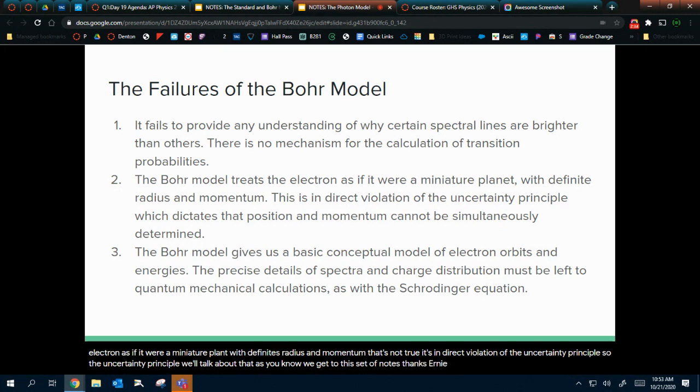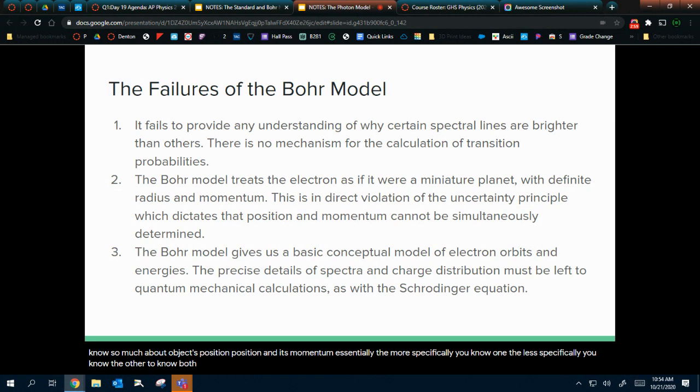The uncertainty principle says that basically you can only know so much about an object's position and its momentum. You can think about momentum, but think more about velocity. Essentially, the more specifically you know one, the less specifically you know the other.